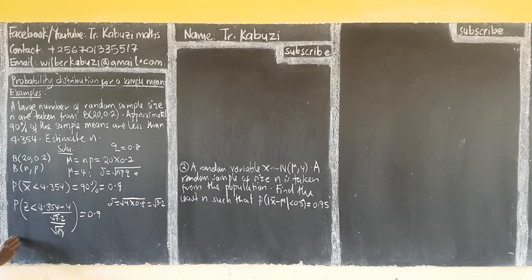The probability of z less than 0.354 divided by root 3.2, times root n. So the solution to this will be z less than 0.1979 root n, equaling 0.9.